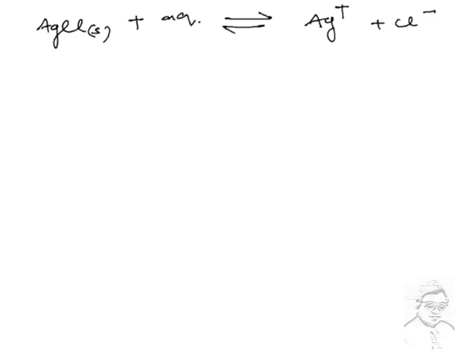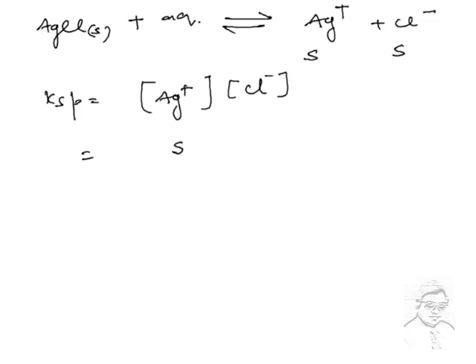Now, if S part dissolves, when I say S part, now I am talking about molarity, not gram per liter type of thing. Molarity. So the solubility product would be just like ionic product. And Ag plus concentration is S, Cl minus concentration is S. So we have S square.